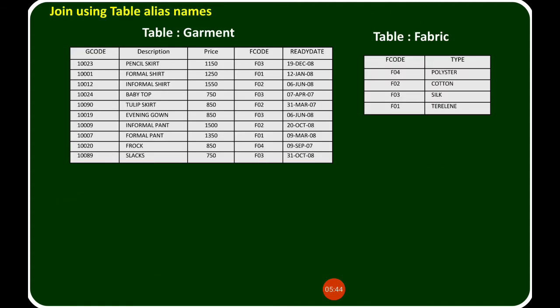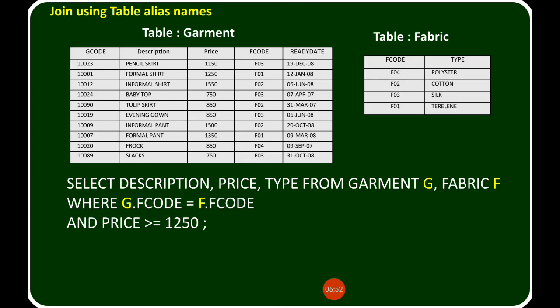Now the same query we can use with the help of table alias names. So we are going to write the same query: select description, comma price, comma type from garment, and we will write the alias name.